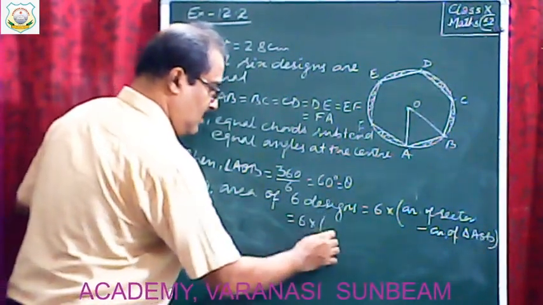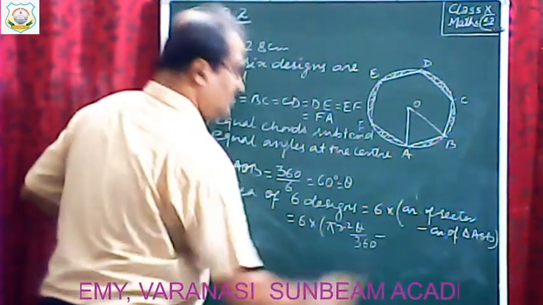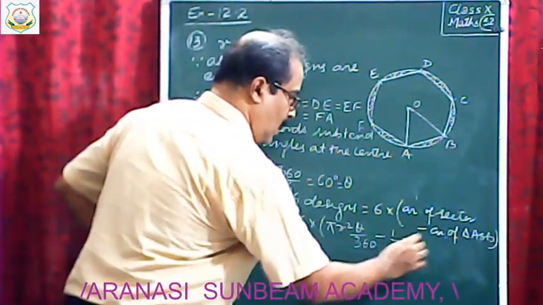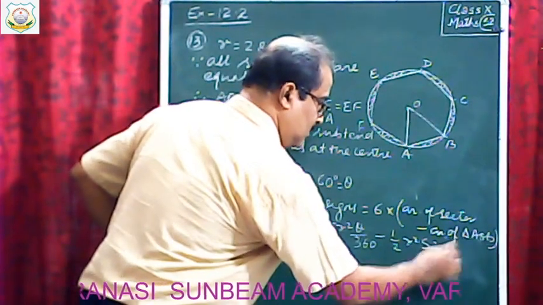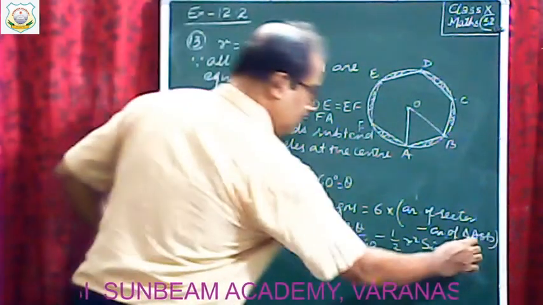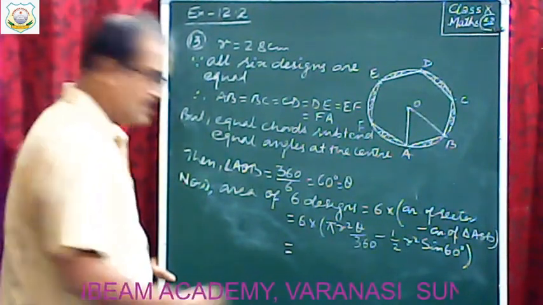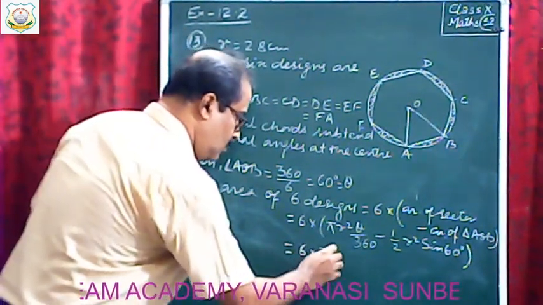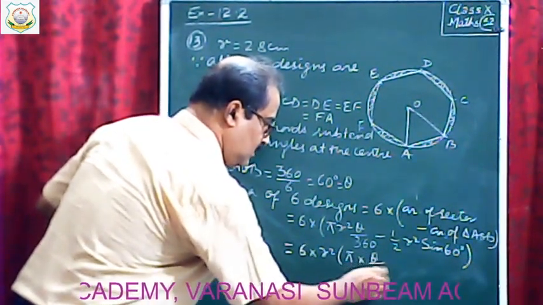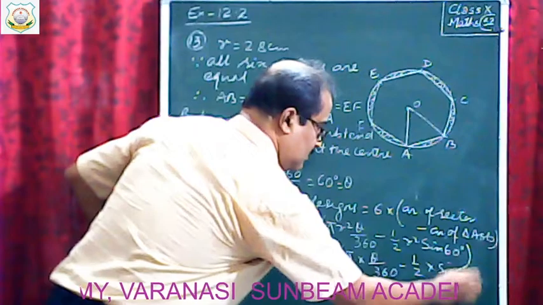So 6 into area of sector pi r square theta upon 360 minus area of triangle. You have to use that formula, 1 by 2 r square sine theta, that is 60 degree. So take out r square as common. 6 into r square, we have pi into theta upon 360 minus half into sine 60 degree.